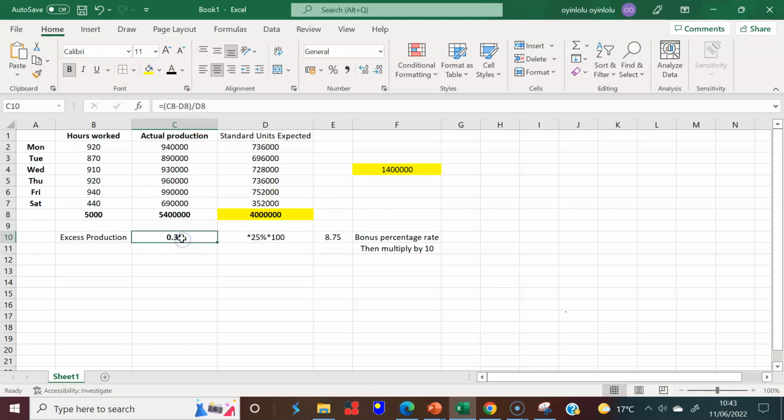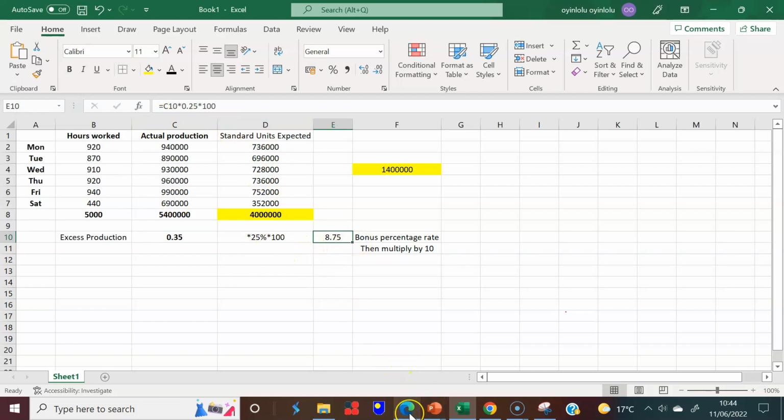And I think that's what I do here. You see me saying C8 minus D8 divided by D8. And that gives you this figure first, and then it tells you to multiply that by 25% and then by 100. And so when you do that, you get 8.75%, right?